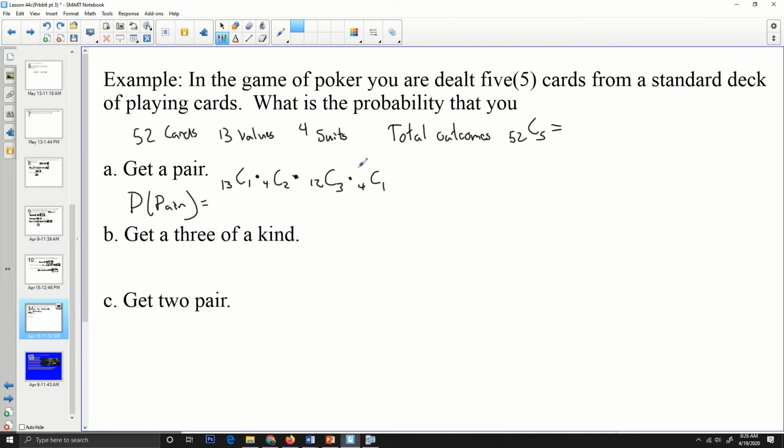I could write that out 3 times, but it'll be the same for all of them, so I'm just going to raise that to the 3rd power, and it will be over 52 choose 5. Now this gets pretty long, so I'm just going to calculate the decimal value. I'm not going to worry about the fractional number.